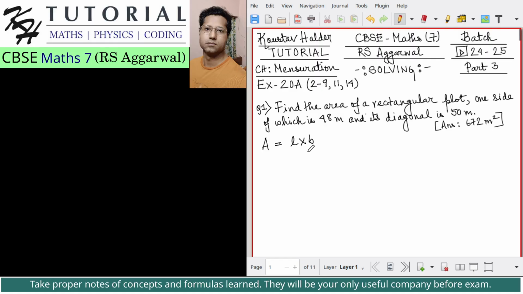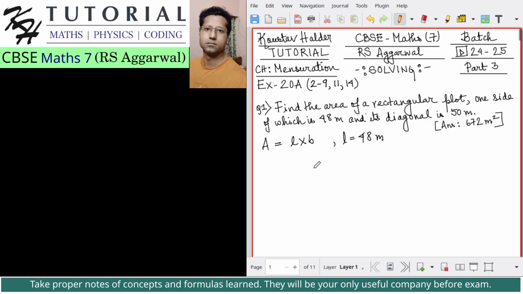One side is given, that is, either length or breadth is given to be 48 meter. Let's consider that L is given to be 48 meter, that is, length is 48 meter.